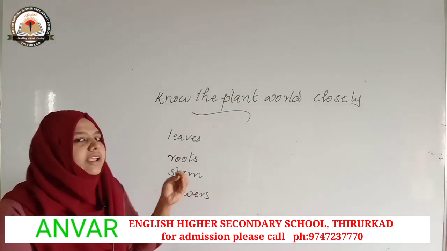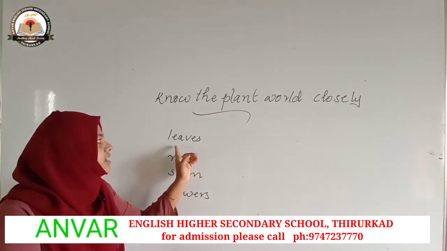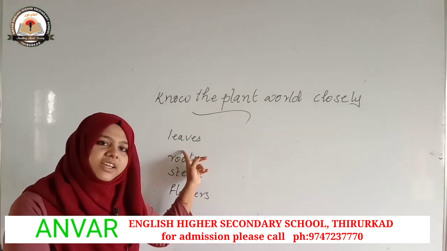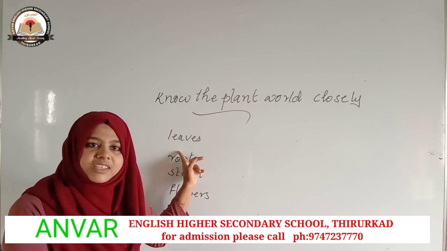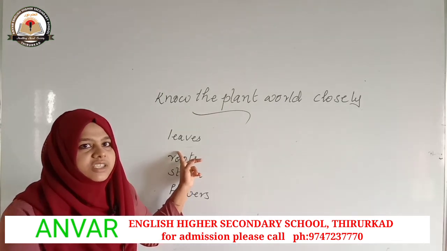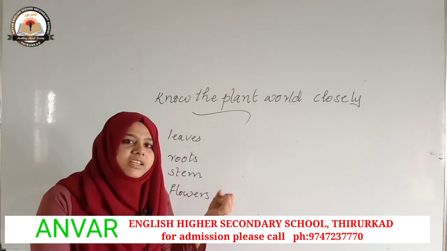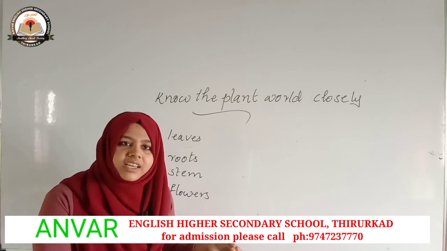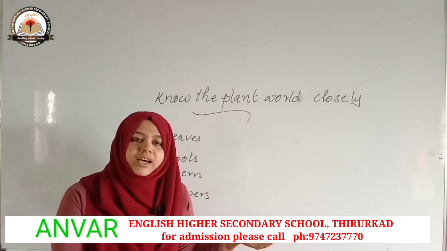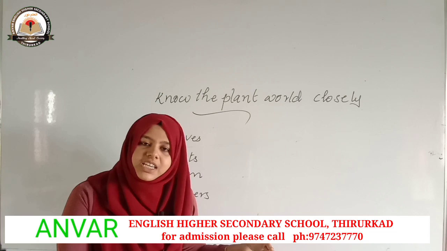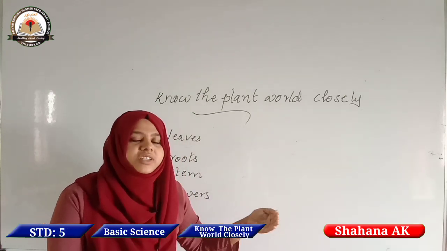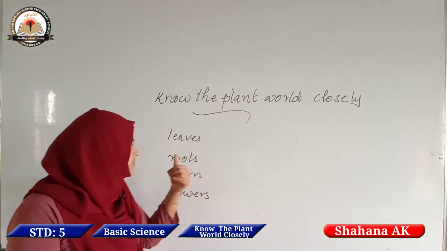So here let me give some examples. There are some plants in which we are having the leaves as food. The examples are the drumstick plant, then our spinach. Drumstick means moringa, spinach means cheera, or another term is amaranthus.